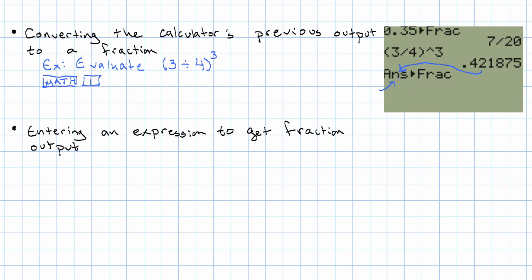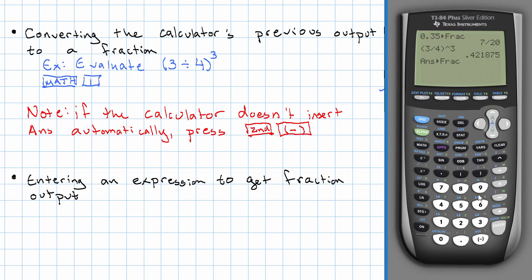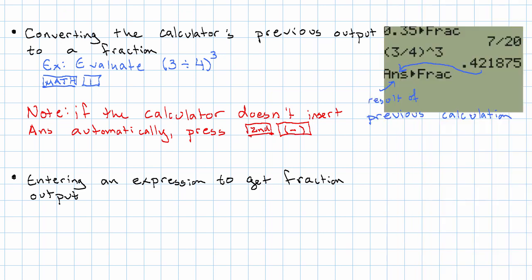If you ever want your previous answer, but your calculator didn't automatically insert it, you can get it to insert the answer by pressing second and then the negative sign key. Notice it has ANS in little blue letters above the negative sign. Second, and then the negative sign key inserts that ANS. So, okay. This is going to take the result of our previous calculation and convert it to a fraction.